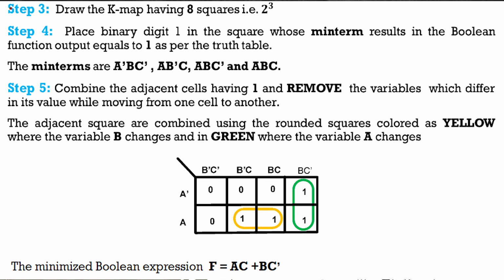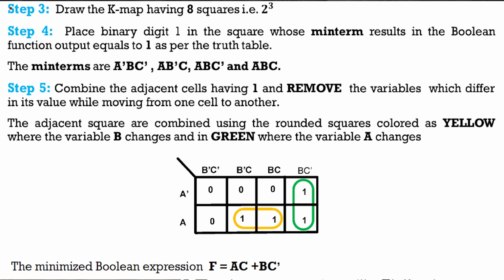When you move from the second column to the third column, that is, the second column is B bar C and the third column is BC, in the second row named A, you can see that the only variable changing is B. B is changing from B bar to B, C remains C and A remains A. So we will remove B because only that variable is changing, and we will write it as A dot C.